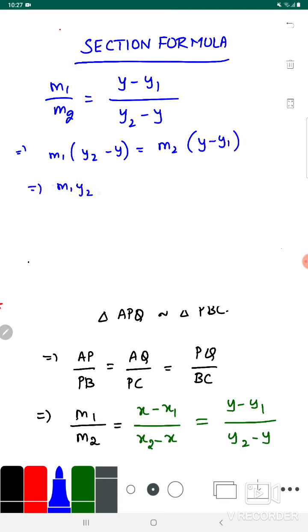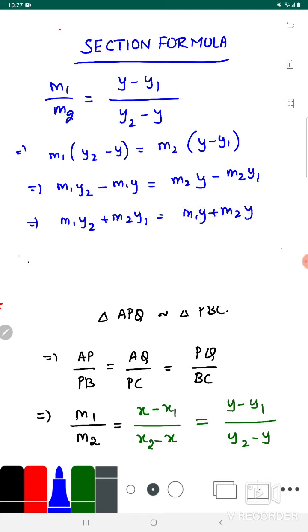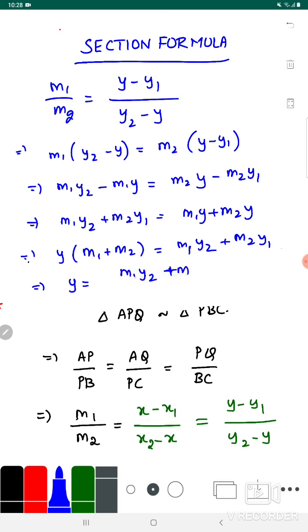That is nothing but m1 y2 minus m1 y is equals to m2 y minus m2 y1. This is nothing but m1 y2 plus m2 y1 is equals to m1 y plus m2 y. So that would imply y into m1 plus m2 is equals to m1 y2 plus m2 y1. That in turn would give me y value as m1 y2 plus m2 y1 by m1 plus m2, right?